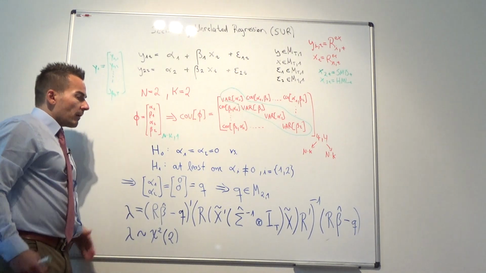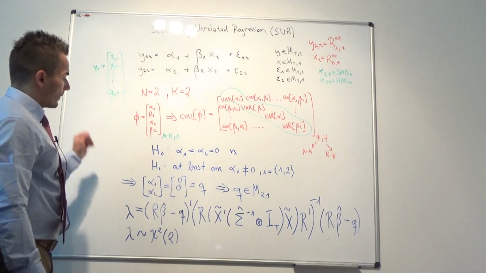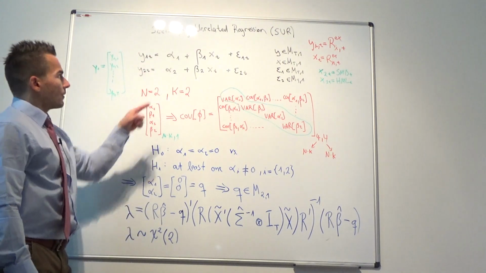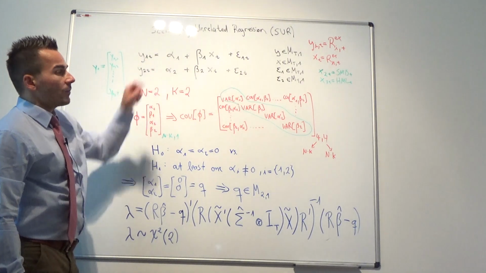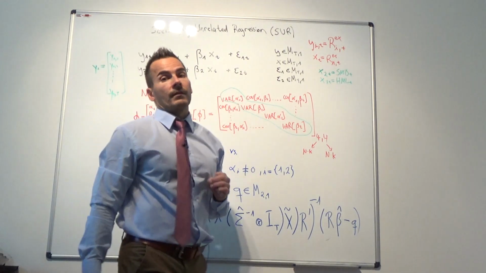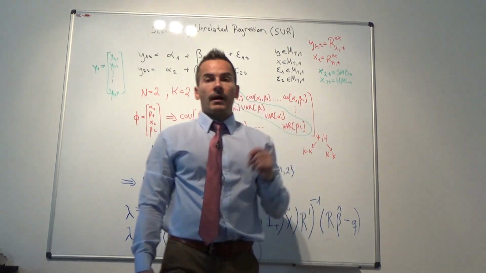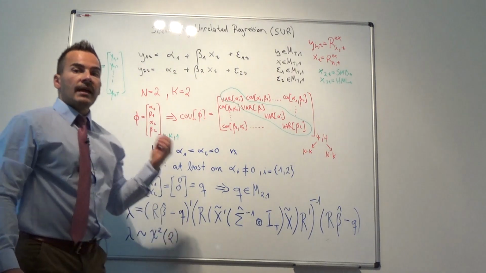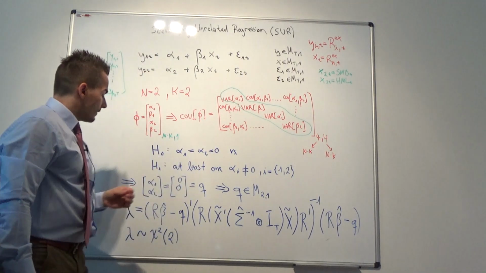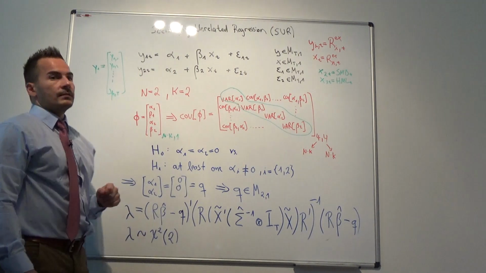Now we have to know the test statistic in this joint framework, because we're not interested in one single parameter. If we were interested in one single parameter in one equation, we could simply use the t-statistic. But if we test more than one parameter at the same time, jointly, then we need a different test statistic. In this framework, this test statistic is chi-square distributed.